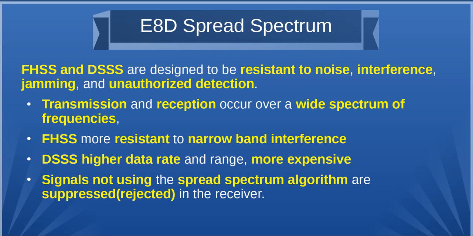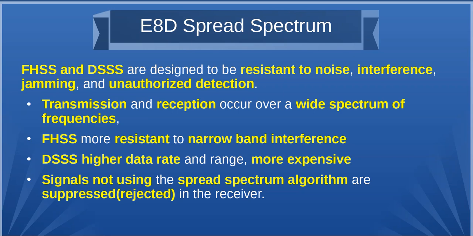So it's very effective at maintaining communication in a battlefield. So it's more resistant to narrowband interference, because it's effectively very wideband. It uses a higher data rate. So it's more expensive because it costs more to generate higher data rate signals.